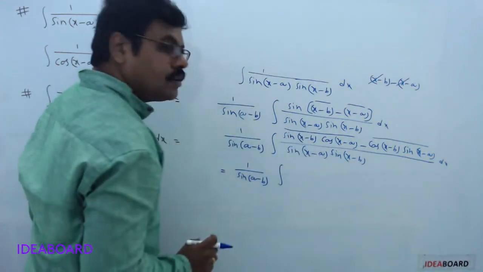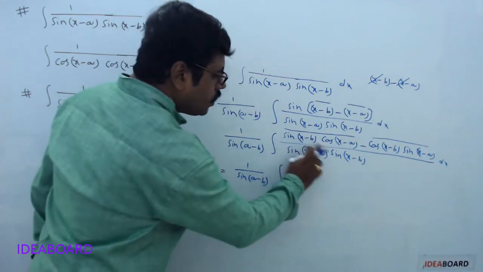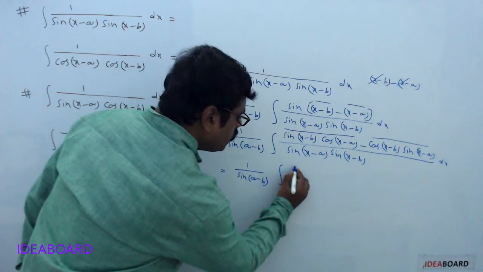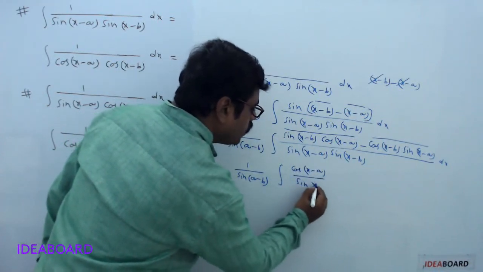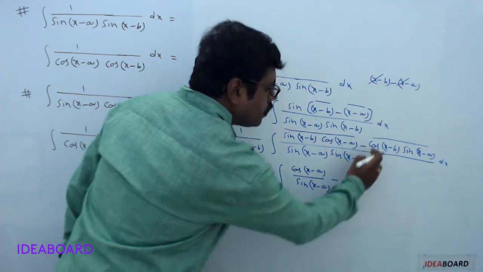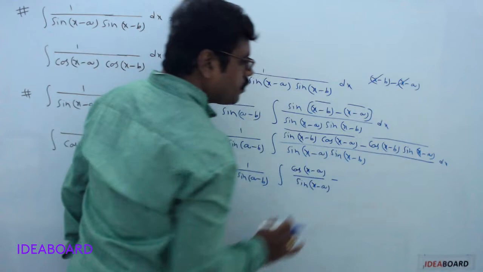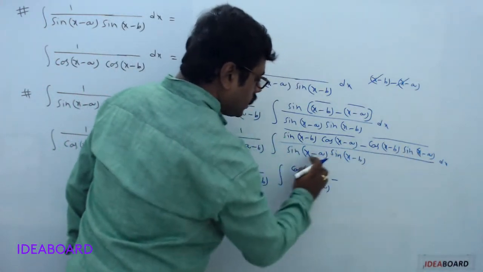Now separate the terms. If you separate this term with this denominator, sine of x minus b will be cancelled. Then what about the remaining part? Cos of x minus a divided by sin of x minus a minus, now divide this term with this denominator, then sin of x minus a will be cancelled.